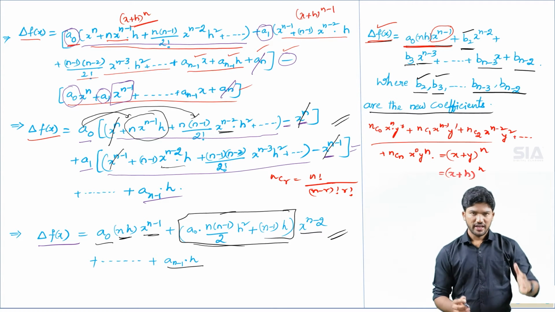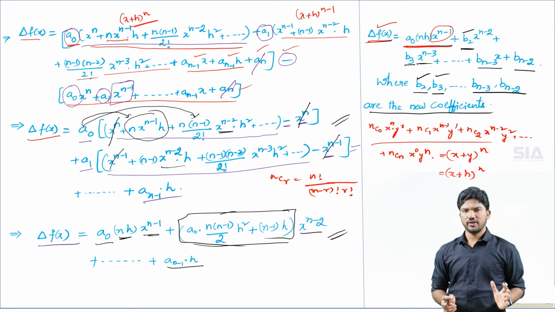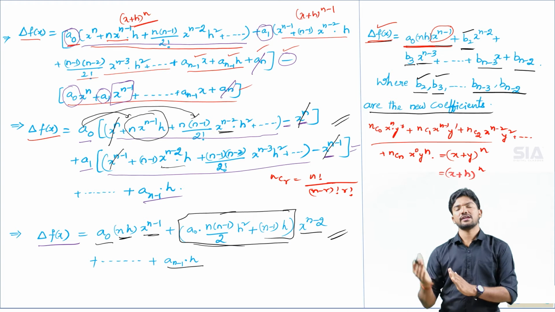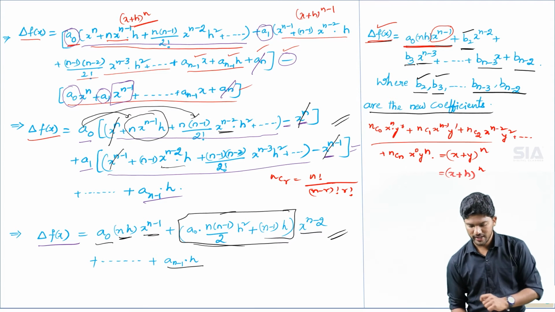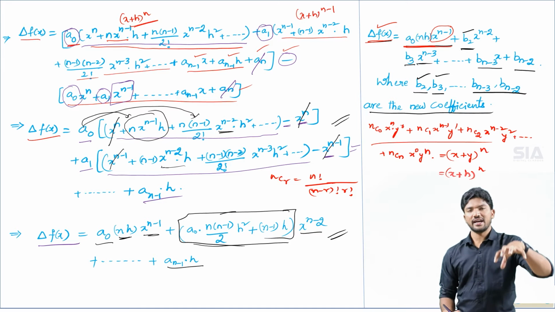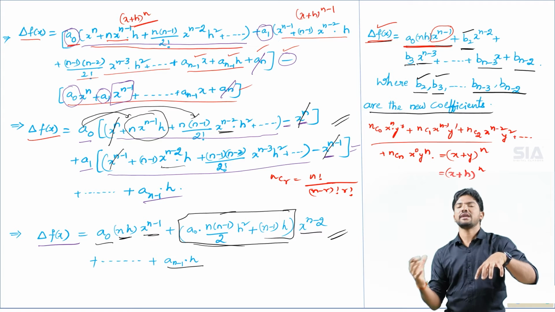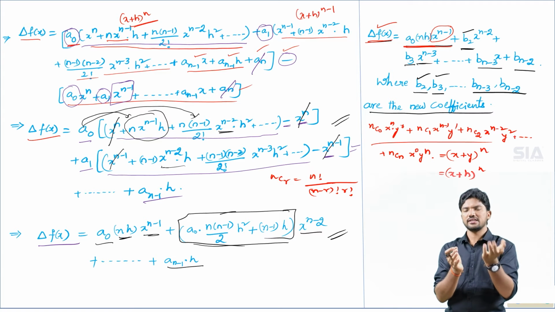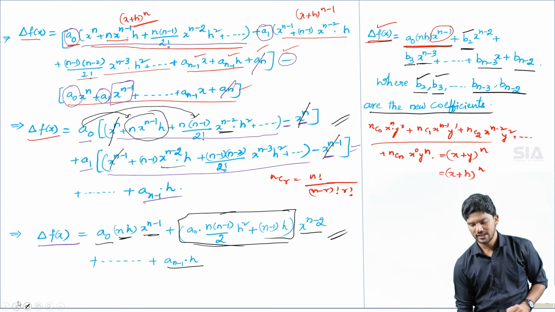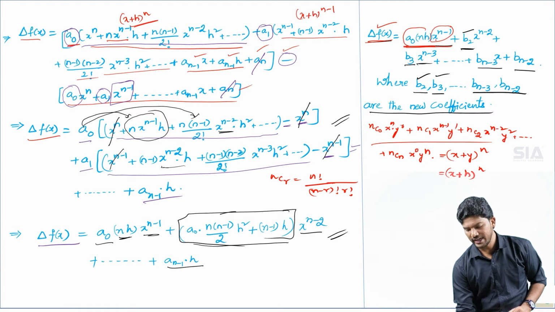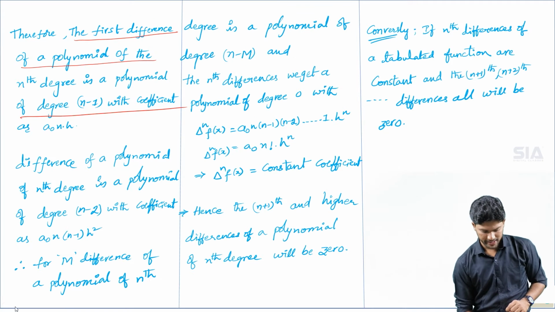Initially we took x^n as the highest order variable; now we got x^(n−1). So f(x) was of nth degree, and after applying the first difference we got n−1, the degree decreased by 1. The leading coefficient is a₀·n·h.